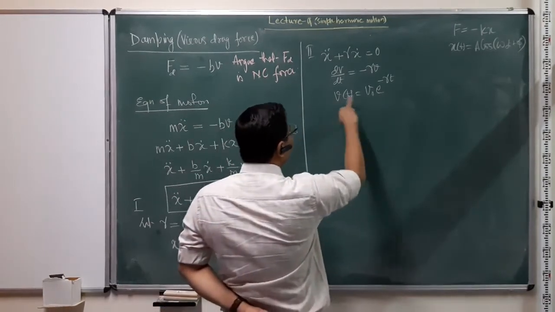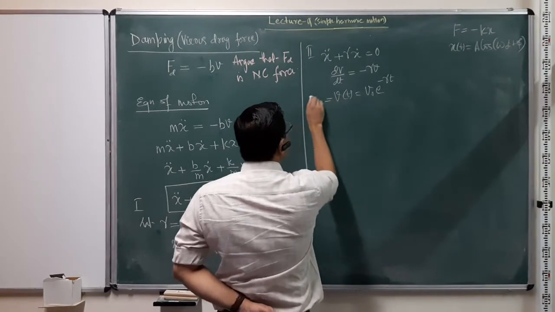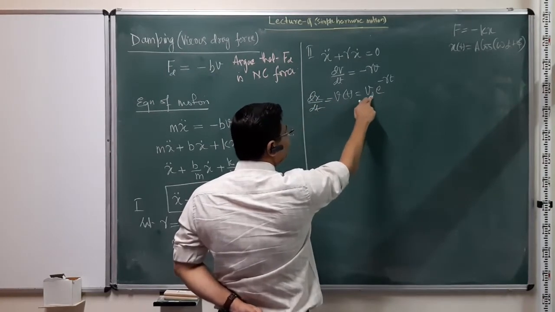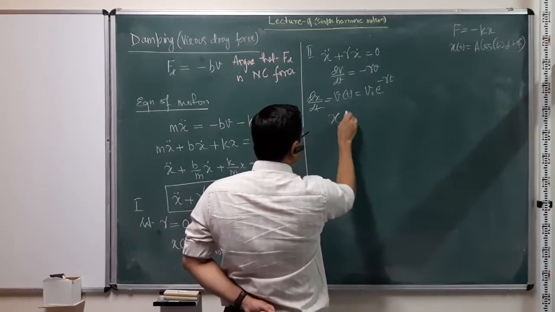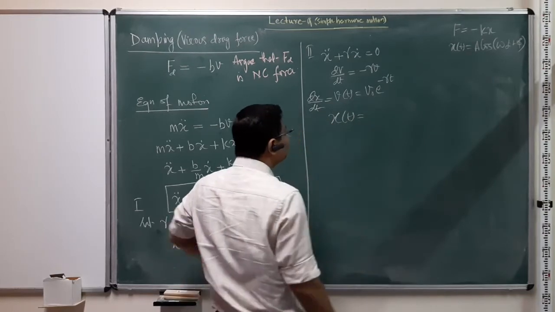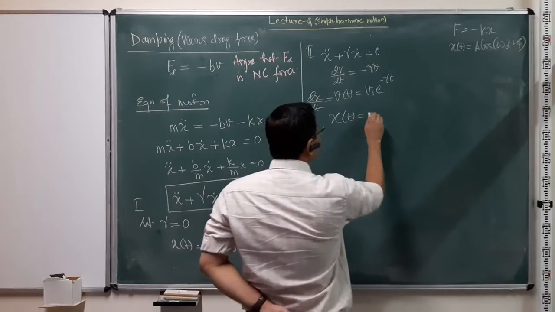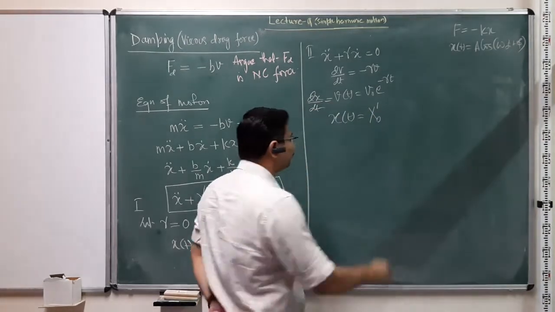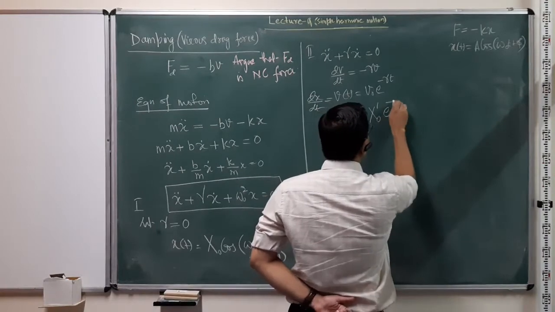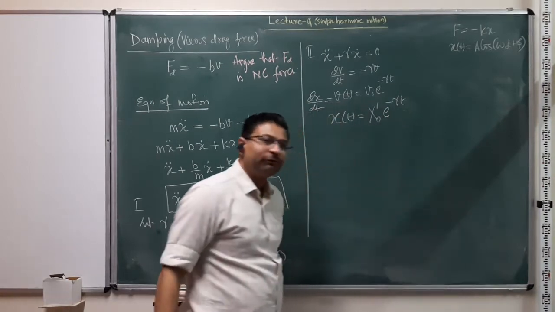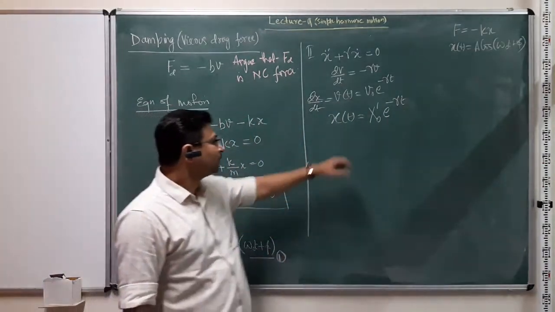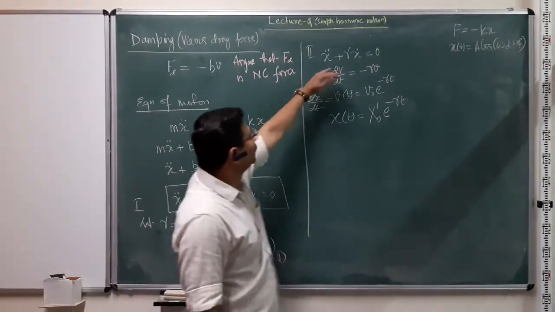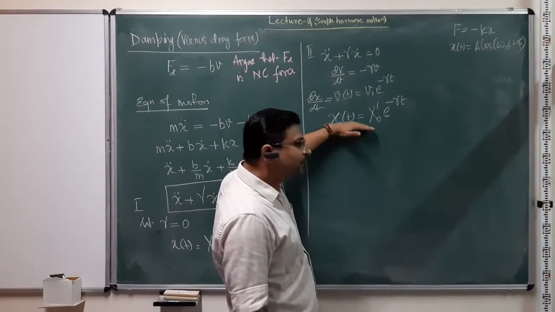Now once we have the v of t, we can write this as dx over dt, right? And again solve for it. V0 is a constant. So this way we can get a solution in case there is no restoring force as some other amplitude x naught prime exponential minus gamma t. So this is the solution. So when no damping, there is a solution. Damping but no restoring force, this is the solution.